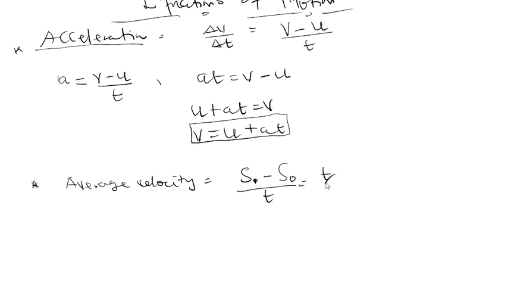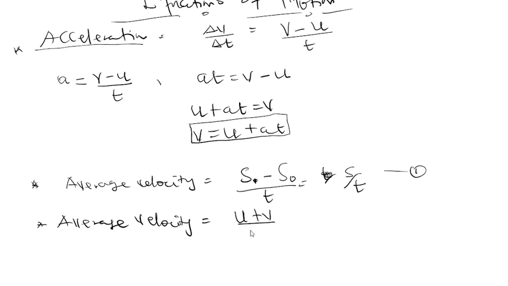This is the same as s on t. Let's maintain this. This same average velocity is equal to, taking the average of the final and initial velocity, u plus v divided by 2. Let's call this one 2.